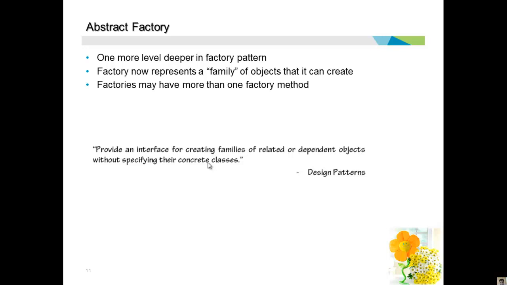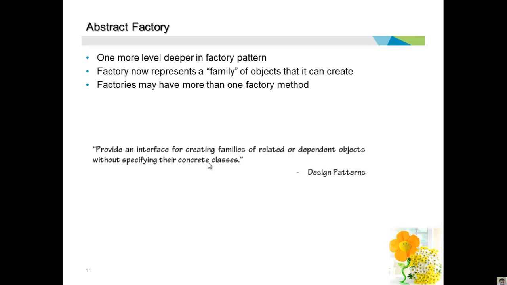As I mentioned, in case of a Maruti car factory, you might be having three different factory methods: one for create sports car, one for create economy car, and maybe, I'm short of words, some other type of car.